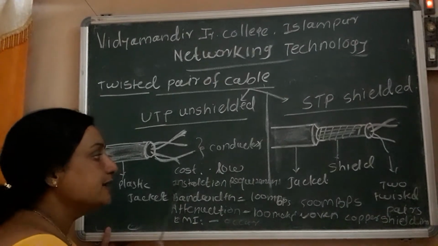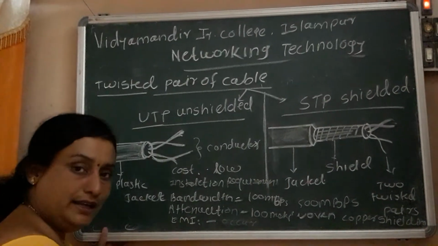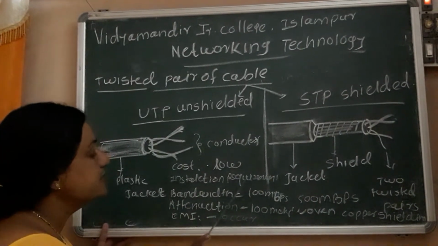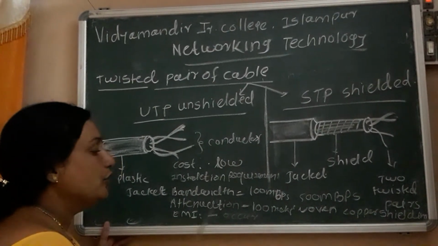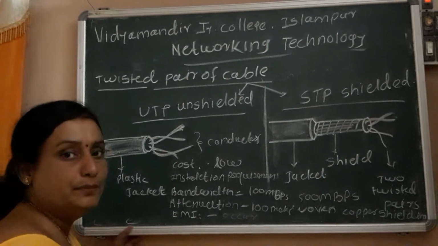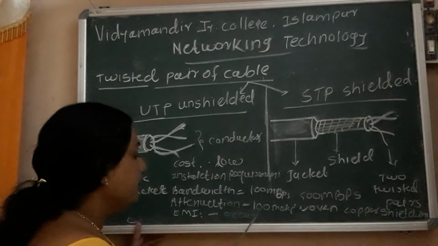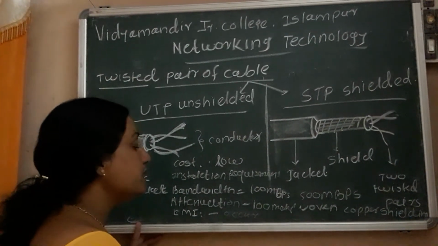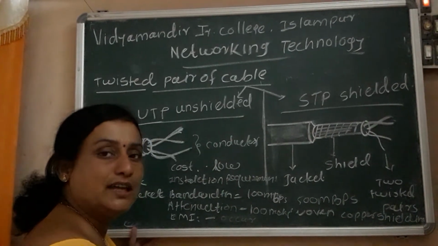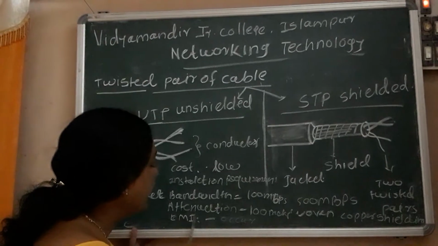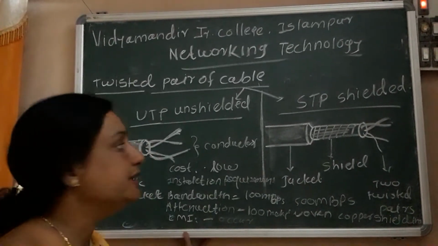By using this cable, low cost equipment can be used, so it is easy to install. Bandwidth 100 Mbps. Attenuation is created beyond 100 meters when we use this UTP cable. EMI, highest sensitivity to the EMI.